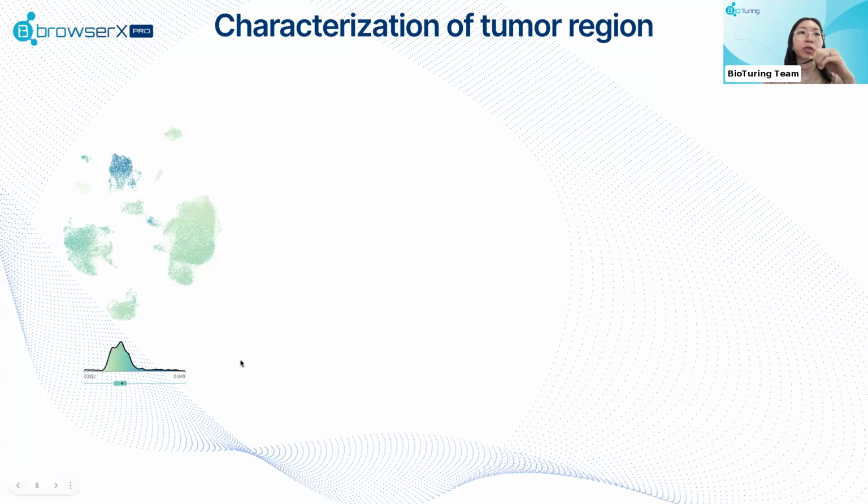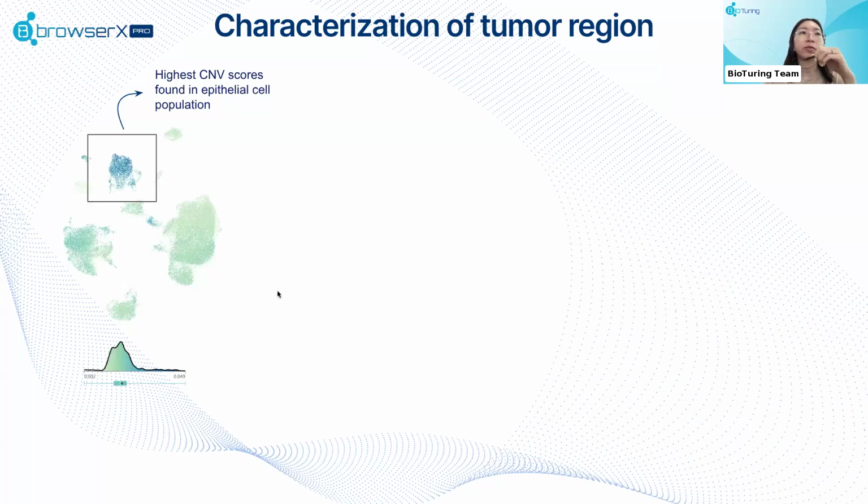So on this image, what you're looking at is the distribution of the CNV scores that were predicted. And you can see that the scores that were highest are within the epithelial cell population here. The cells that are in dark blue here have the highest CNV scores, and these are found mainly in the epithelial cell population.